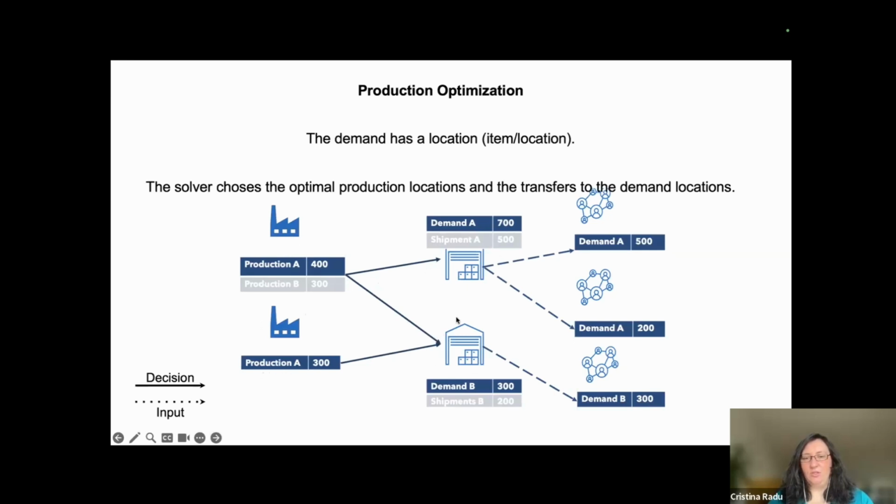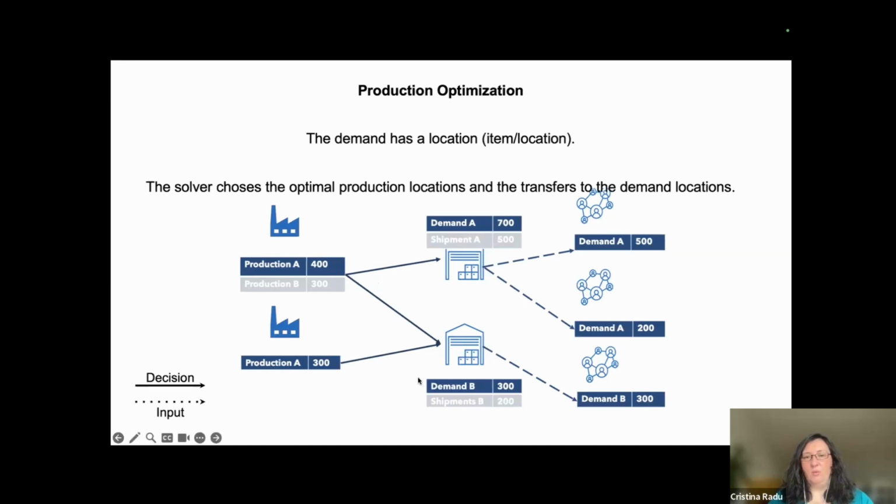We have the distribution centers, and in this problem, we know which customer each one serves, right? So this is an input. We know that customer 1 and customer 2 are served by this location, and customer 3 is served by this location. This is what we know.